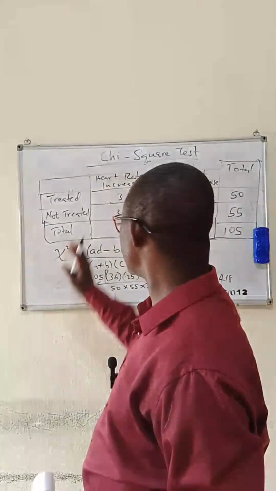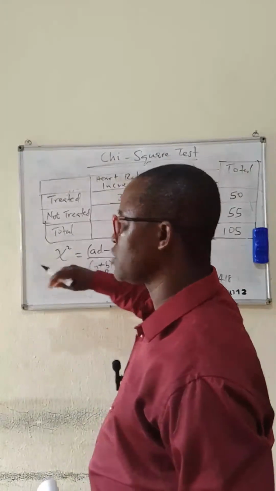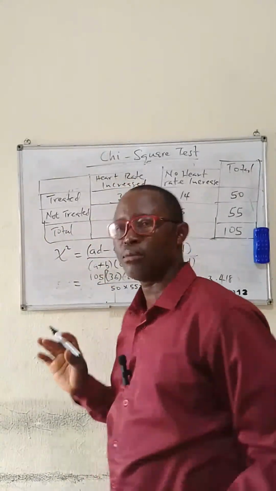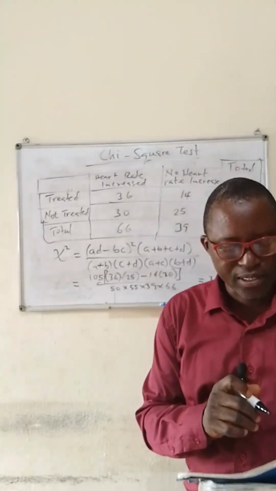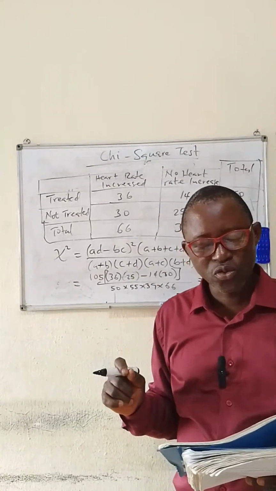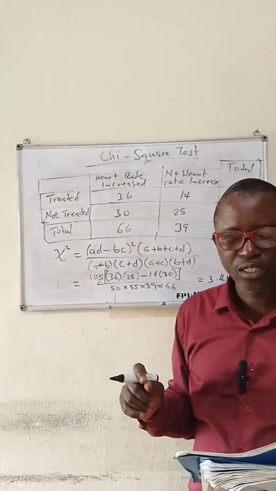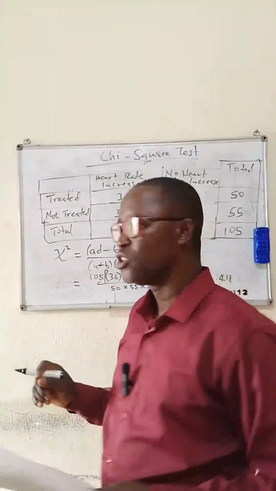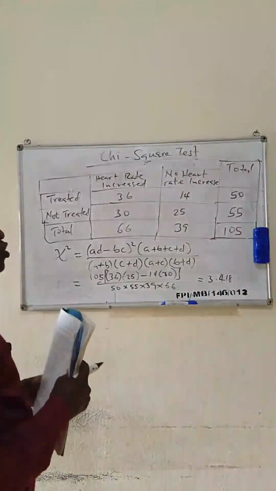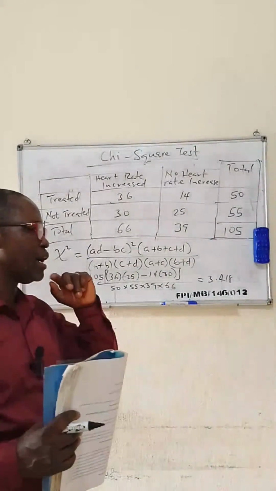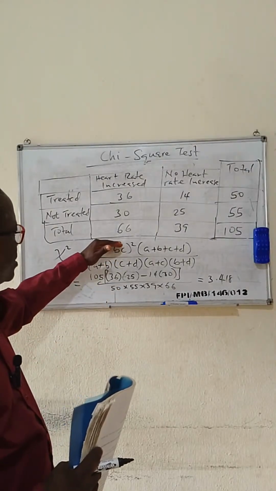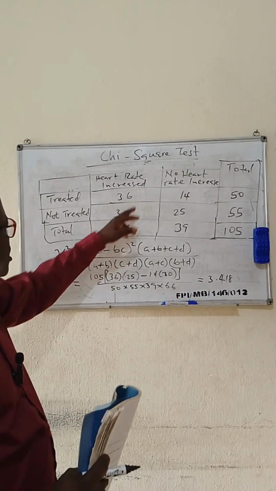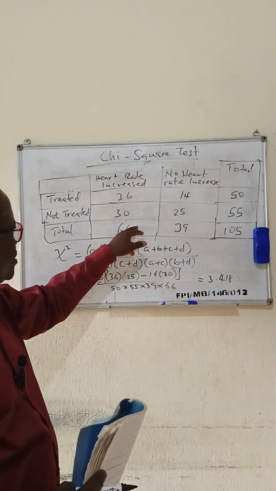The null hypothesis says the heart rate increase is not a result of the drug administered on the animals. Then the alternative hypothesis: the proportion of animals whose heart rate increases is associated with drug treatment. That's our main goal. We want to show that the new medicine administered on the animals is causing the heart rate to increase.